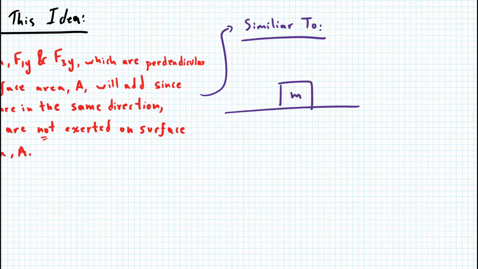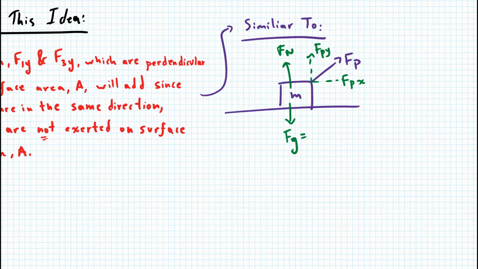Again, let's take a mass m here, and we have a force that's pulling that same object. Here we have Fpy, and then we have Fpx. What we recognize is that there is a normal force that is equal and opposite to the force of gravity on this mass m, where this mass neither moves up nor down. So speaking of this example, we'll also talk about the forces underneath the person.